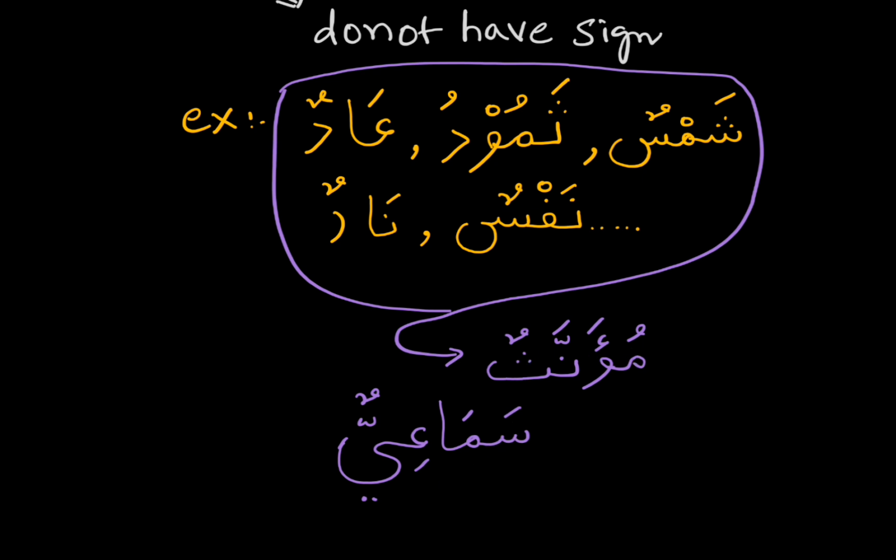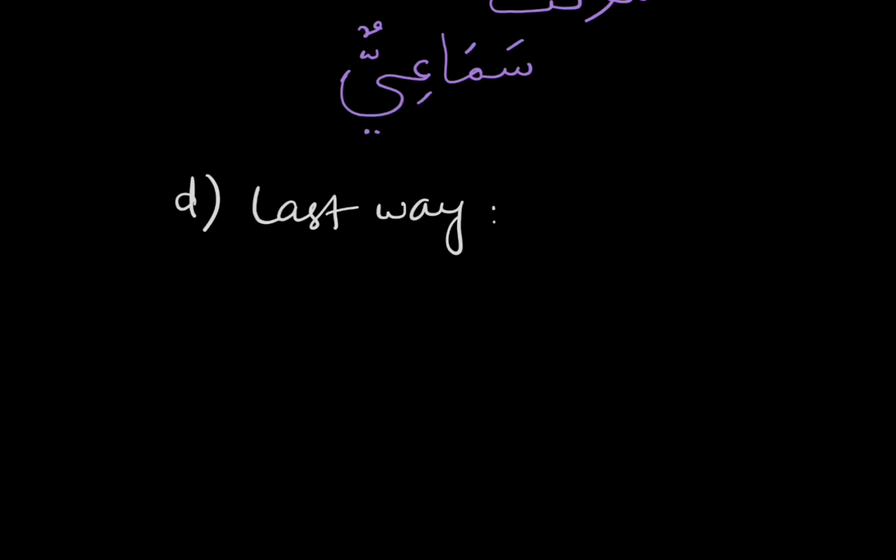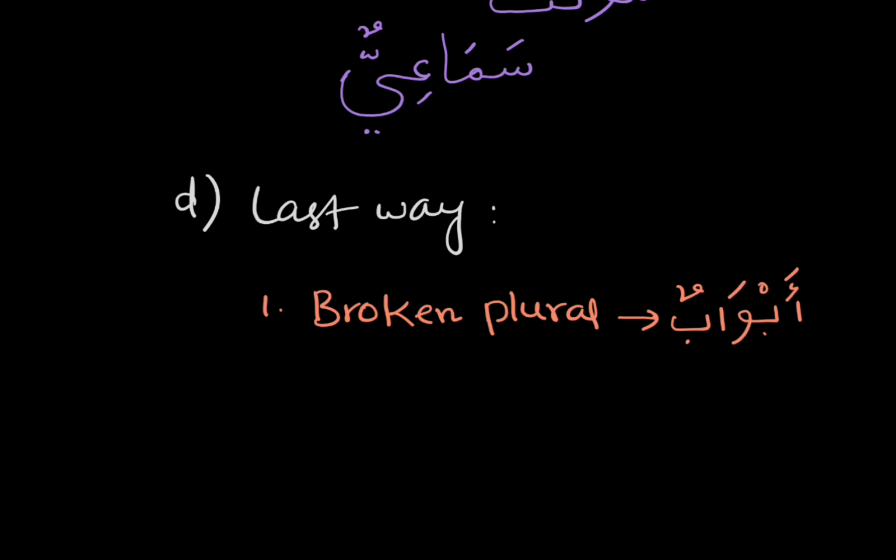Now we will end with the last way to identify a feminine noun. The last way to identify feminine nouns is broken plurals. For example, abwabun is a broken plural, and it also comes under feminine nouns.